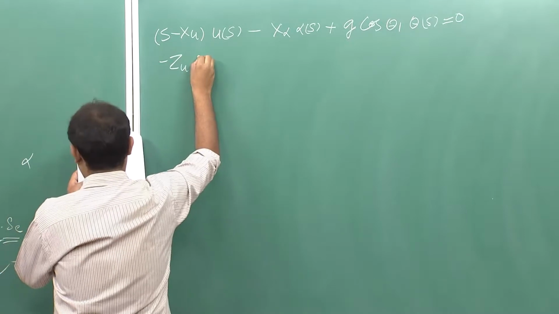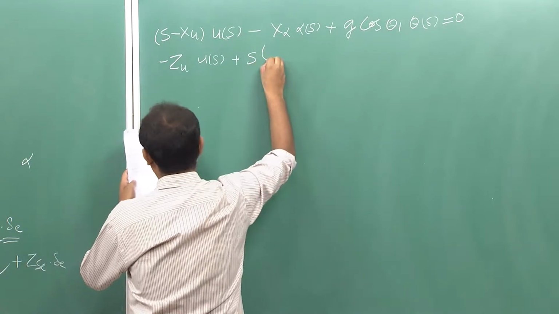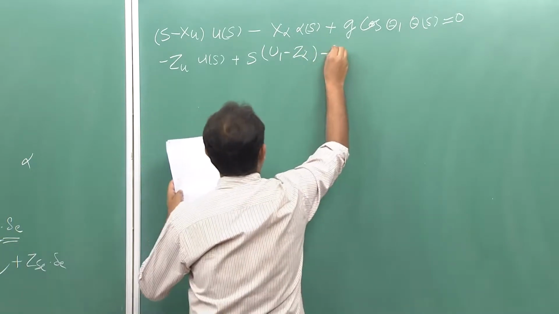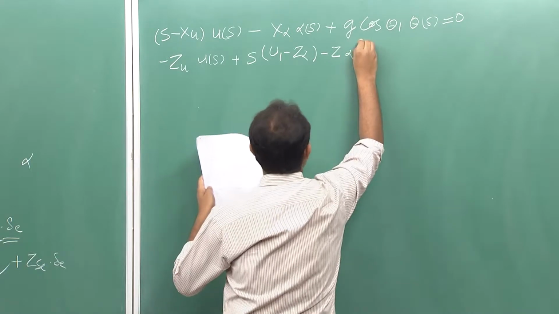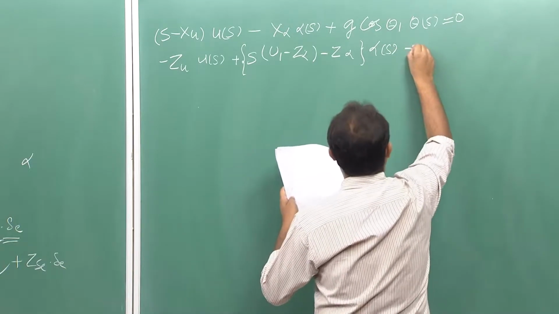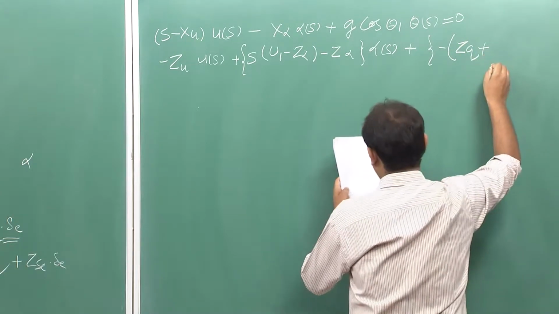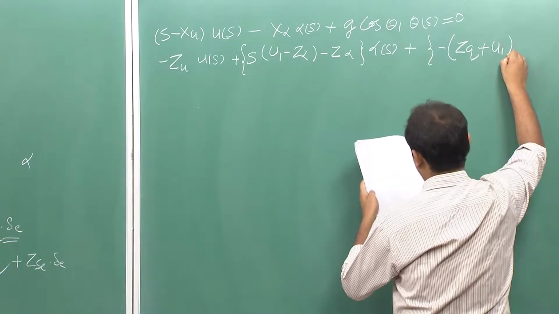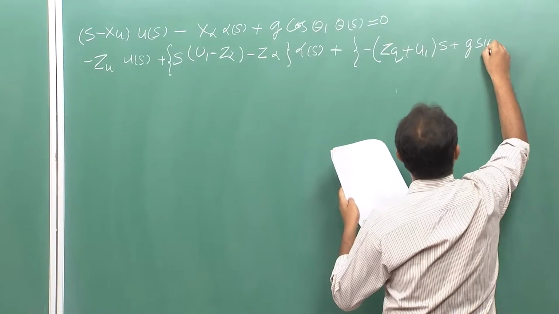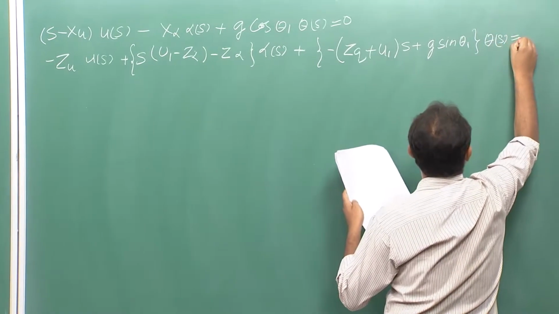The second equation: minus z u into u of s, plus bracket s into u1 minus z alpha dot minus z alpha into alpha of s, plus bracket minus of z q plus u1 into s plus g sin theta 1 into theta of s equals 0.